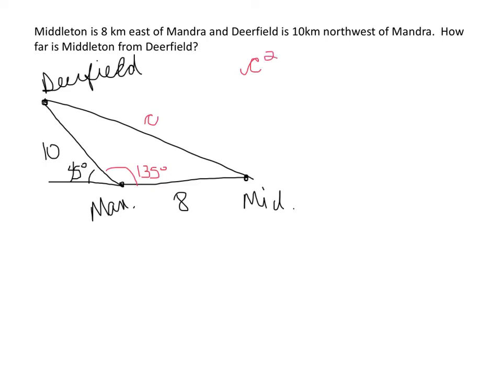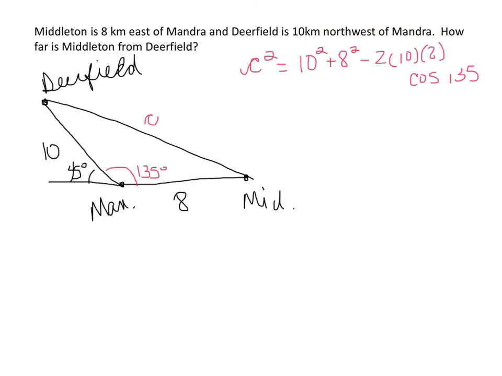C squared is equal to 10 squared plus 8 squared minus 2 times 10 times 8 times the cosine of 135. This becomes a very simple problem, and again, I can plug this entire right-hand side of the equation into my calculator.